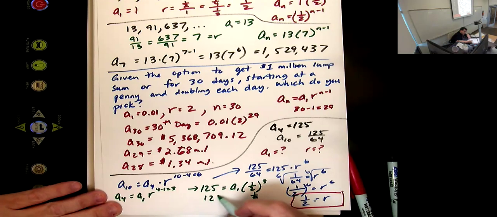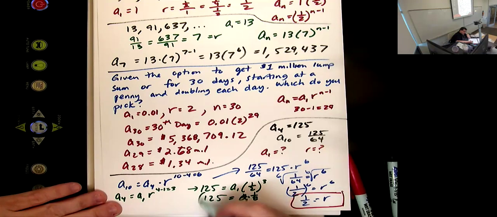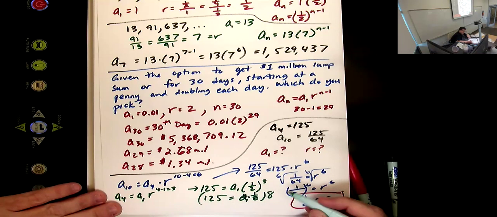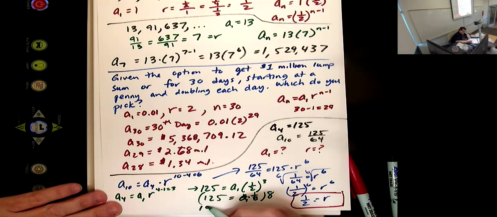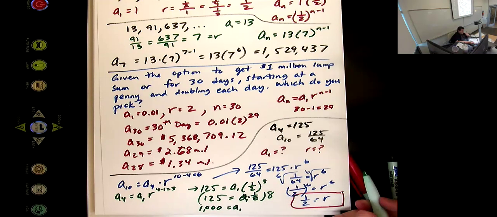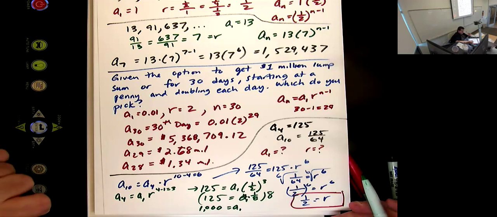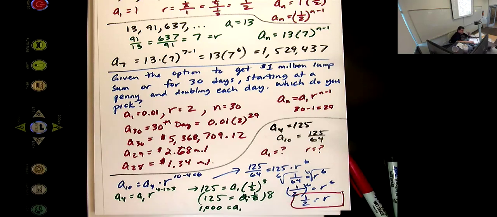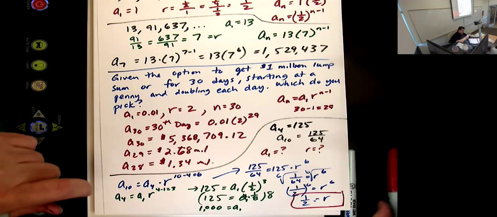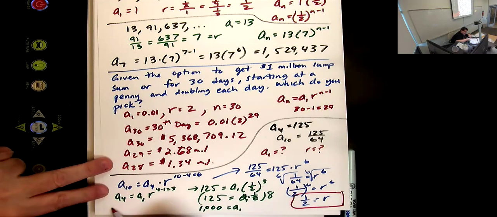So multiply both sides by 8. And that's 1,000. So the a sub n formula is 1,000 times 1/2 to the n minus 1.